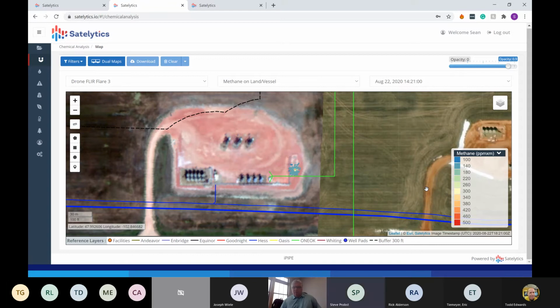Interestingly enough, what you're seeing on the screen now is a set of data captured over the iPipe consortium in North Dakota. This year we flew not only hyperspectral on a fixed-wing aircraft, but what you're seeing is a drone capture over the area, and we captured satellite.